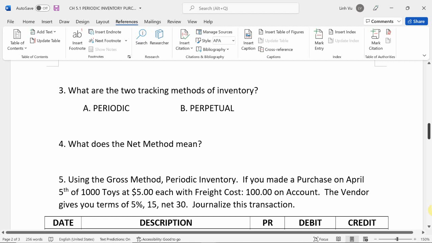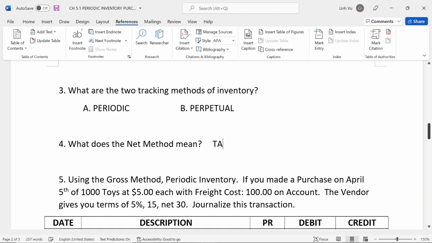Good. Taking the discount out immediately. So take the discount immediately.